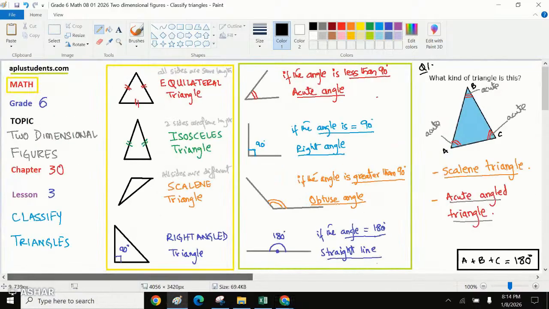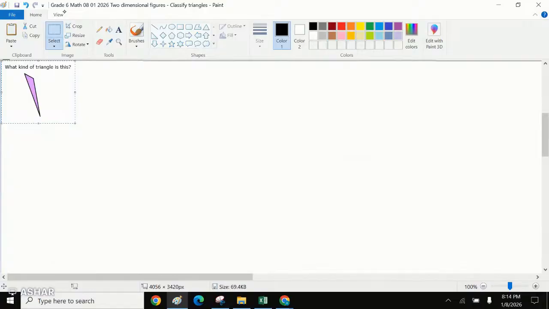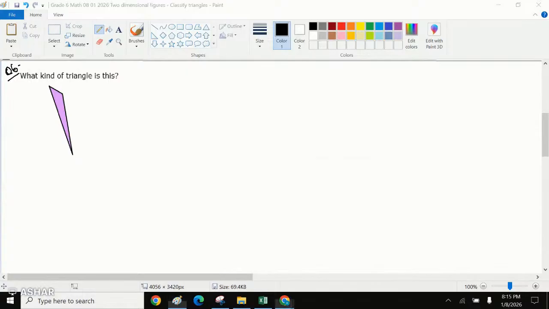So in question number 6, what we can say is, what is this triangle? What is question number 6? Acute, obtuse, or right?